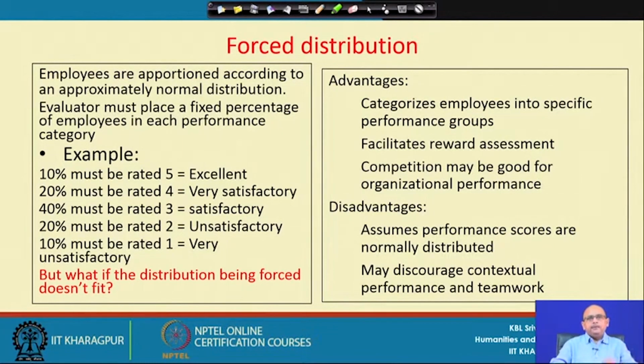Then coming to another method, which is known as forced distribution. In the case of forced distribution, employees are evaluated based on a normal distribution. Let me give an idea of how it happens.